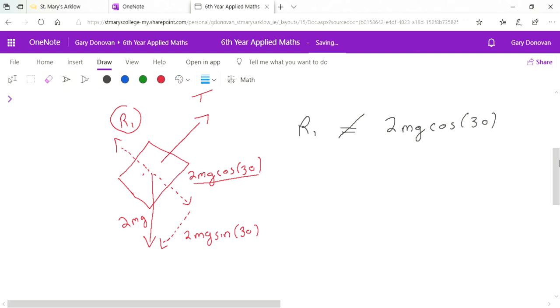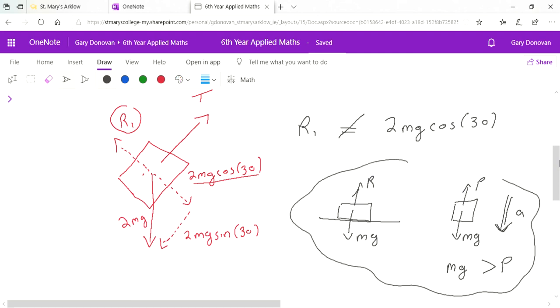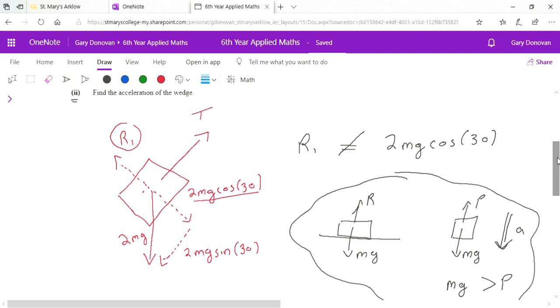It's the same as when you have something on a table: its weight, mg, is equal to its reaction force, because it's not moving. But if something is accelerating downwards, and let's say there's a downward force mg and an upward force, let's call it P, because it's accelerating downwards, we cannot say that they're equal. mg must be greater than P in this case. That's just a little side note, not part of the question obviously. So those are all our forces for the 2m particle.